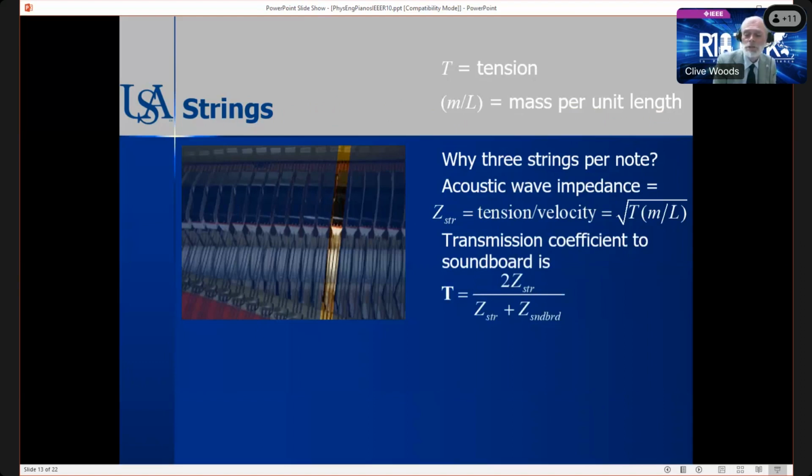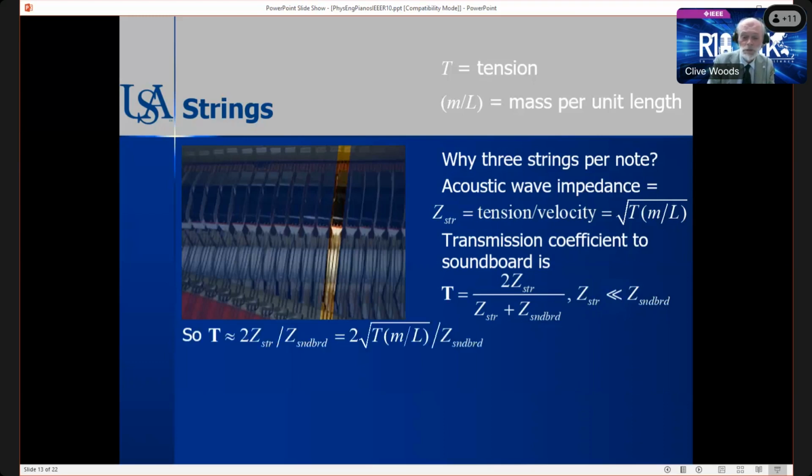It's twice the wave impedance of the string divided by the wave impedance of the string plus the wave impedance of the soundboard that you're trying to transmit to. That's the standard formula for transmission coefficient. Well, it turns out that the impedance of the string is very much smaller than the impedance of the soundboard, so therefore we can approximate that just to be that formula.